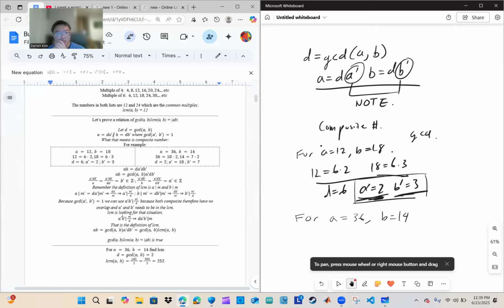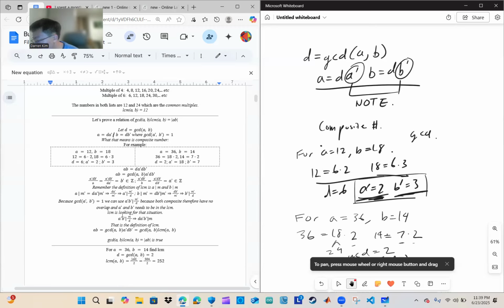No, there isn't, because if this goes over here, 18 multiplied by 2 and 14 is 7 multiplied by 2. So 2 is the GCD, which means d equals 2, sorry.